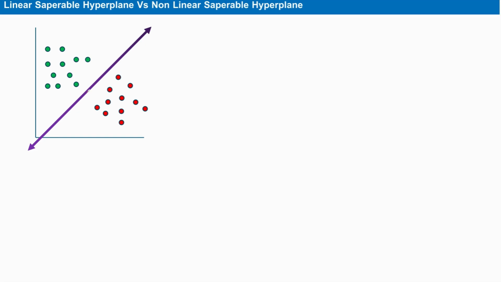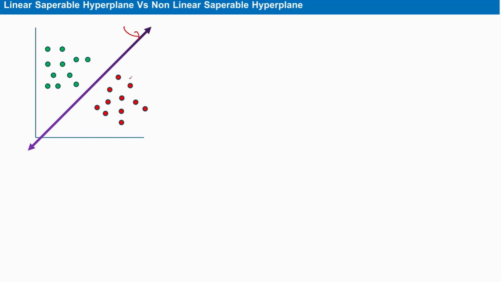The hyperplane we use to separate them is called a linearly separable hyperplane, because it perfectly separates all the positives from the negatives.